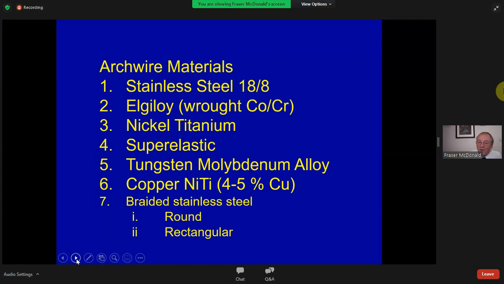They're cheaper than a lot of these archwires, and I would suggest to any of you go to a show and have a look at the cost of some of the archwires. You know, a lot of conferences, I would say the trade shows are sometimes more valuable than the actual lectures. But there are two sorts of braided stainless steel. There's the round stainless steel and there's the direct or rectangular braided steel.